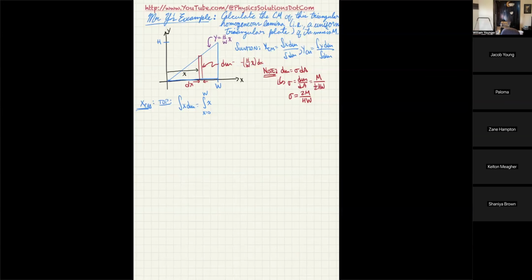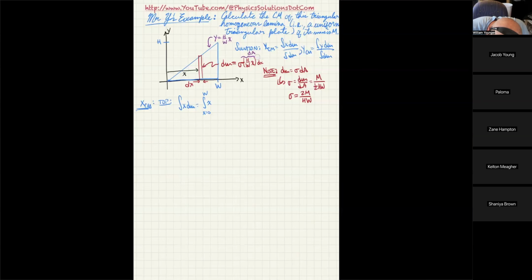There you go. I left out the important factor. dm is equal to sigma times dA. And that's the dA, the h over w times x dx. That's the dA. So just in case anybody missed that, this is dA.